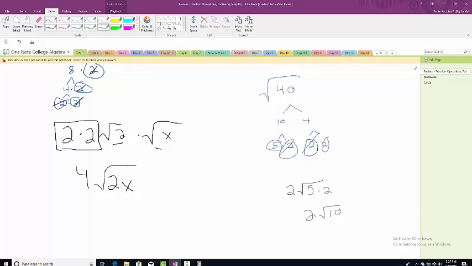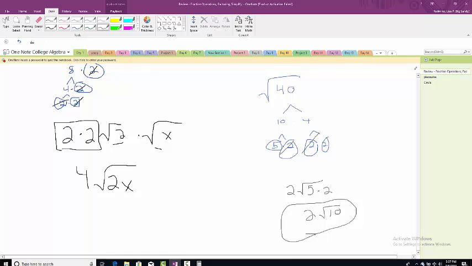Let's see what that is. What is the square root of 40 if I put it in my calculator? It's 6.3245553203 and a bunch of other numbers. So I would round it to 6.3, but the answer is not 6.3. That's not the exact answer, that's an estimate. But exactly the answer is 2 square roots of 10.